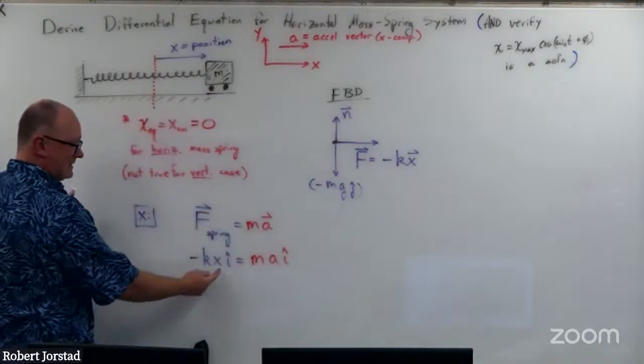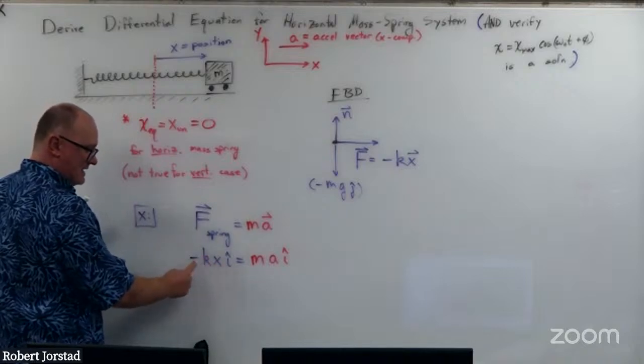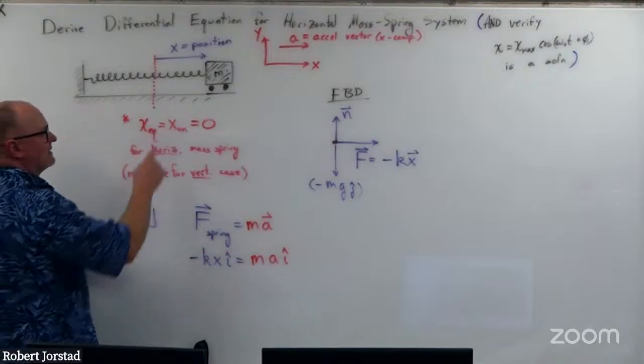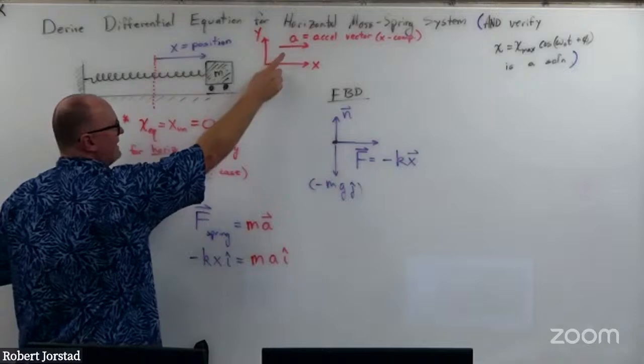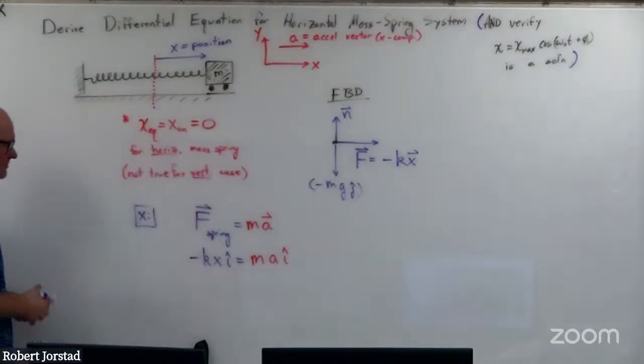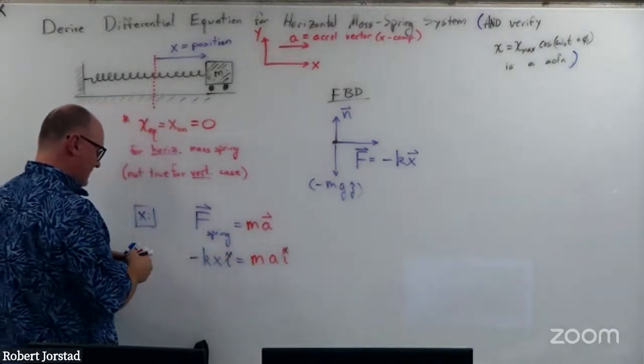If x is a positive number, this is a positive quantity, this is negative, which makes a negative. Again, this makes sense. If we stretch it to the right, you get a negative acceleration to the right. These i hats drop out.